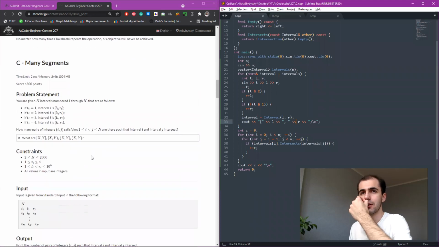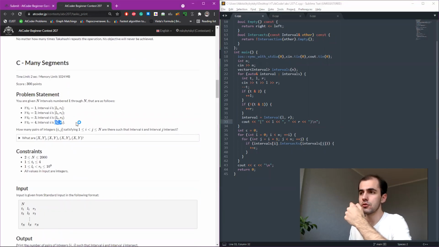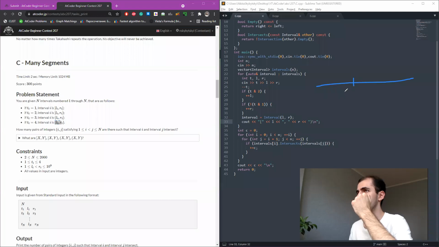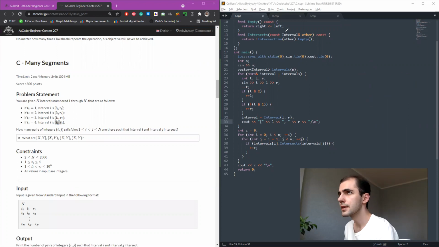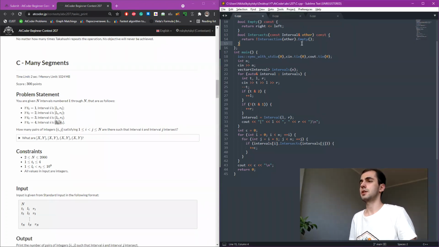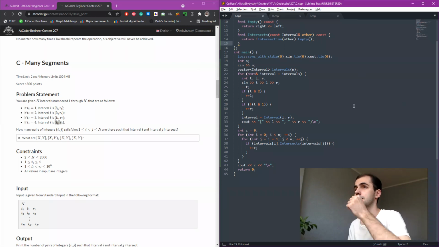So if one segment kind of covers 2, 3, but neither of them covers it completely, it's still an intersection. I'm talking about something like, here's 2, here's 3, one segment is like this, and the other segment is like this. Once I change them to whatever I wanted, they get ignored. That's a failure. Okay, should have been more careful.